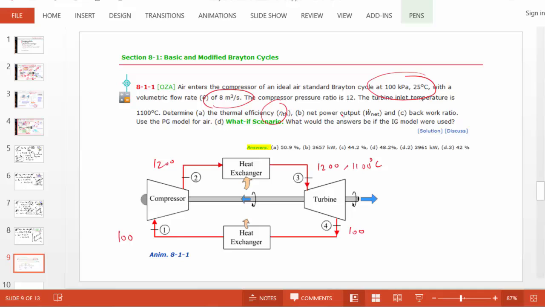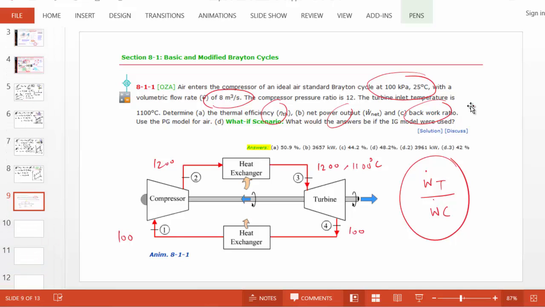Net power output would be W dot T minus W dot C, and the back work ratio is essentially the turbine power divided by the compressor power. So I hope you can study the book for some of the definitions that I haven't covered in the lecture. You can go back to the book and read up about that.